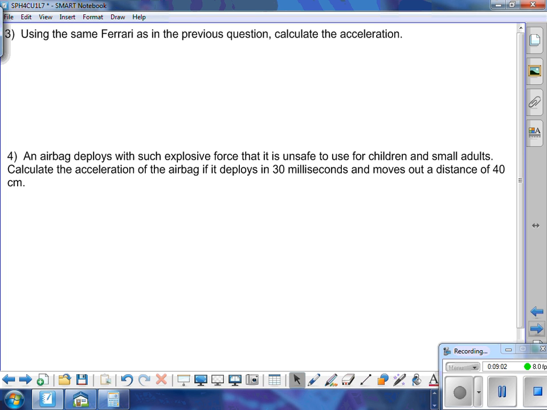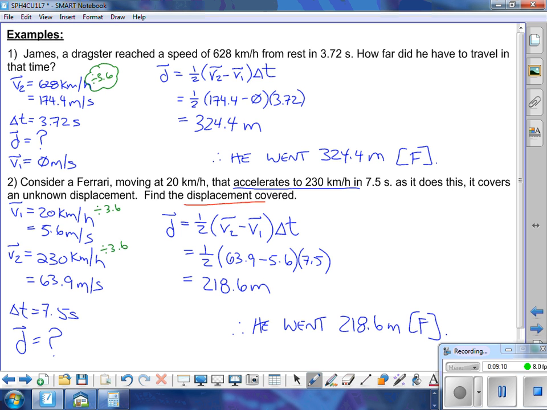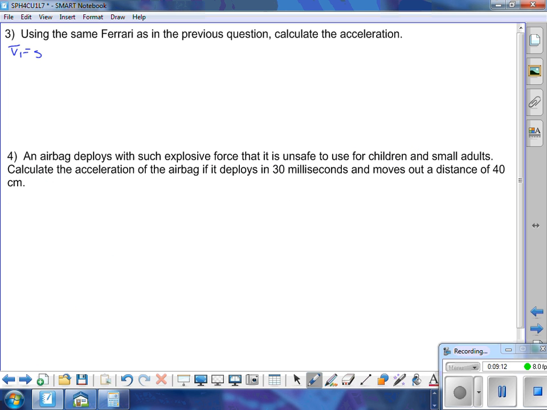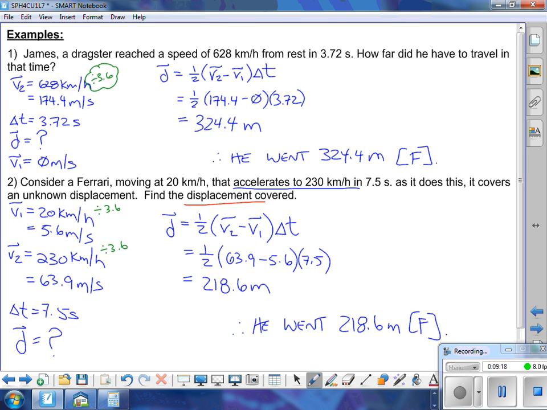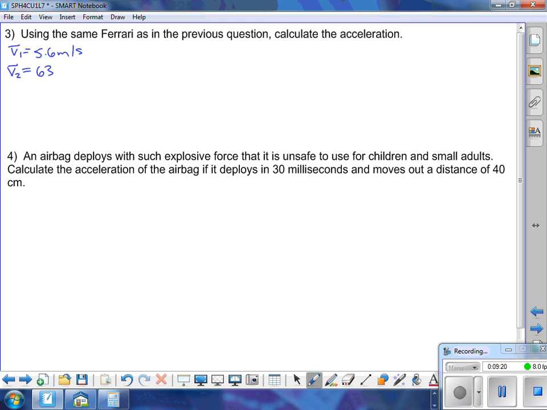Using the same Ferrari as the previous question, calculate the acceleration. So pulling forward our information, we had V1 at 5.6 meters per second, we had V2 63.9, and the time was 7.5. We're looking for acceleration. It's the unknown.